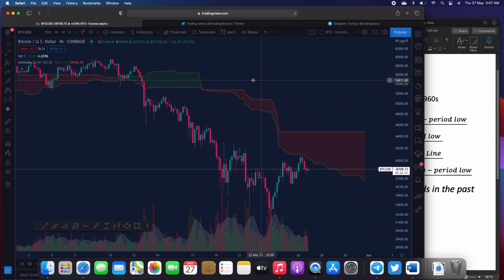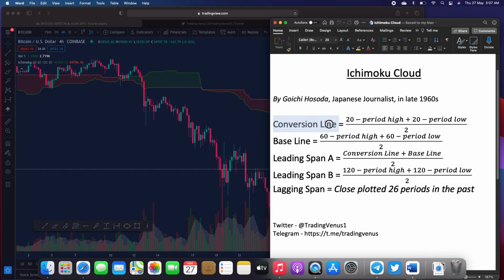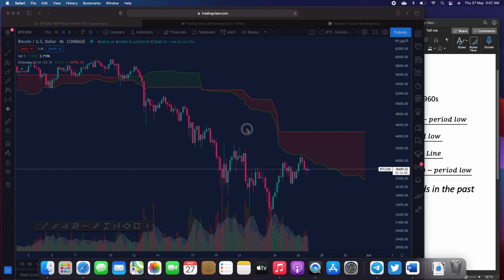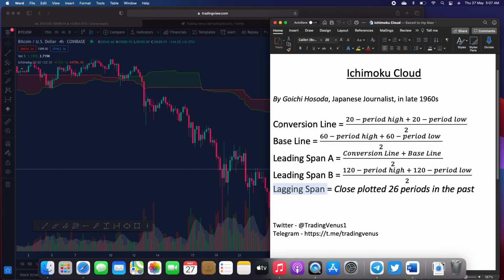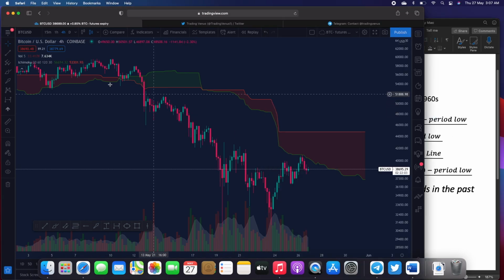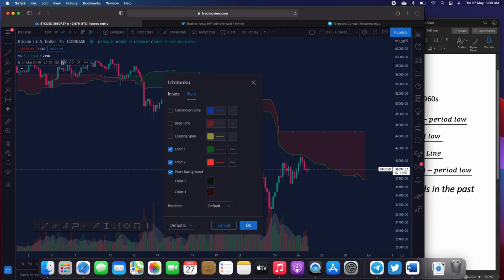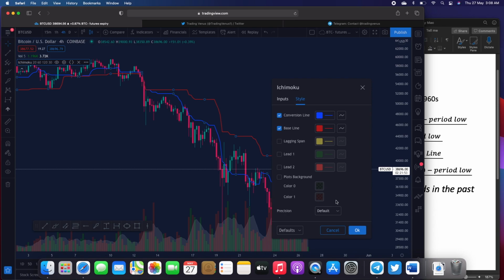We also have three other lines in the Ichimoku Cloud: the conversion line, the baseline, and the lagging span. Firstly we will look at these two lines. The conversion line is represented by blue and the baseline is represented by red.